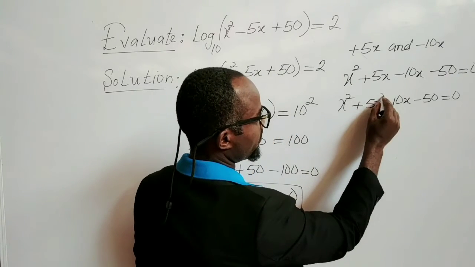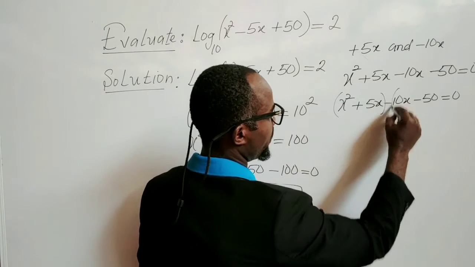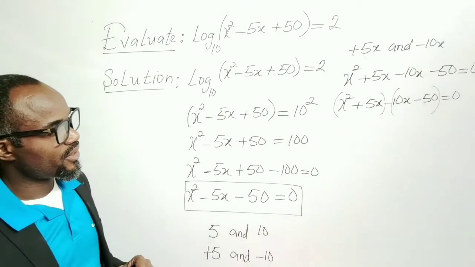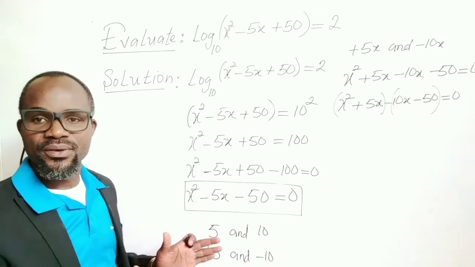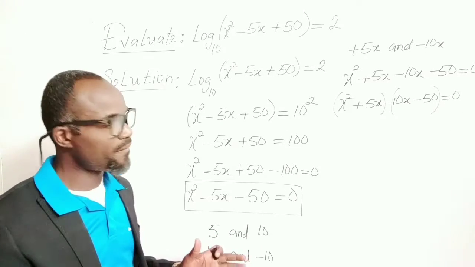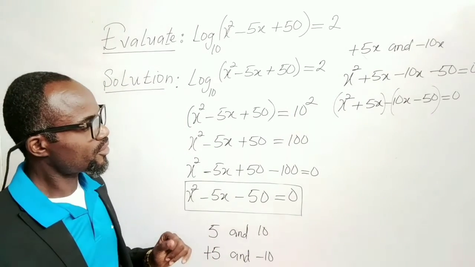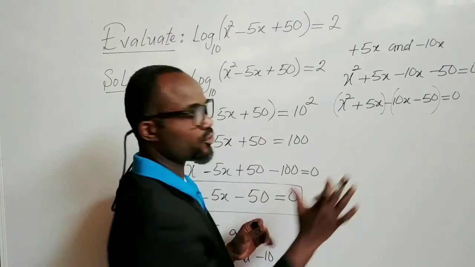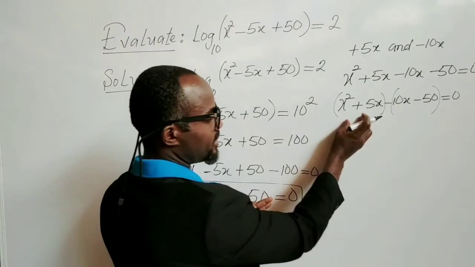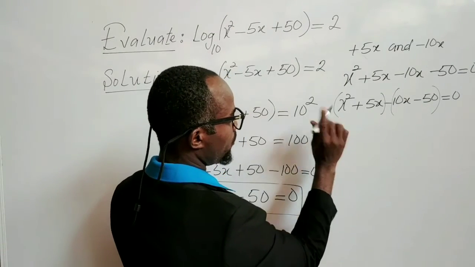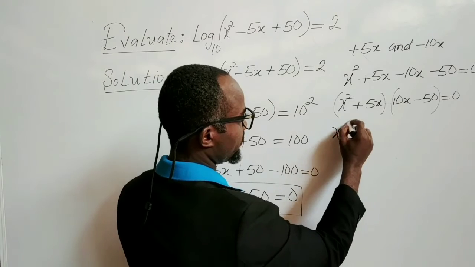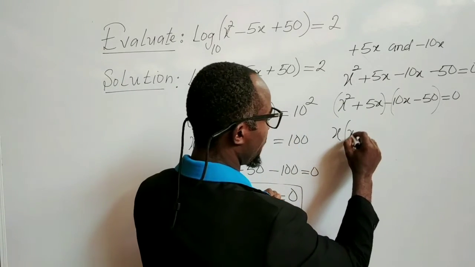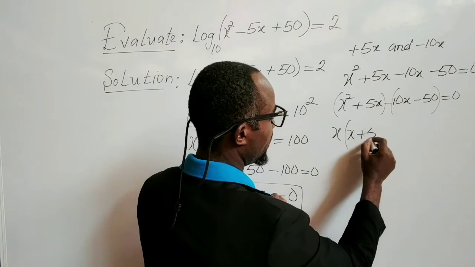Then we can bring these together in groups. The next thing we need to do is to factorize the two brackets. We factorize this and then that. For us to do this, we bring out x here, and enclose x plus 5.